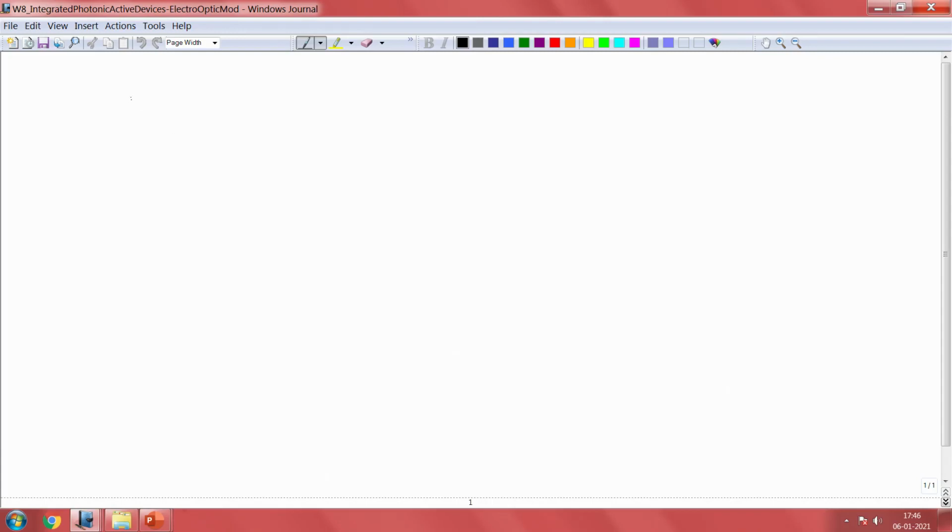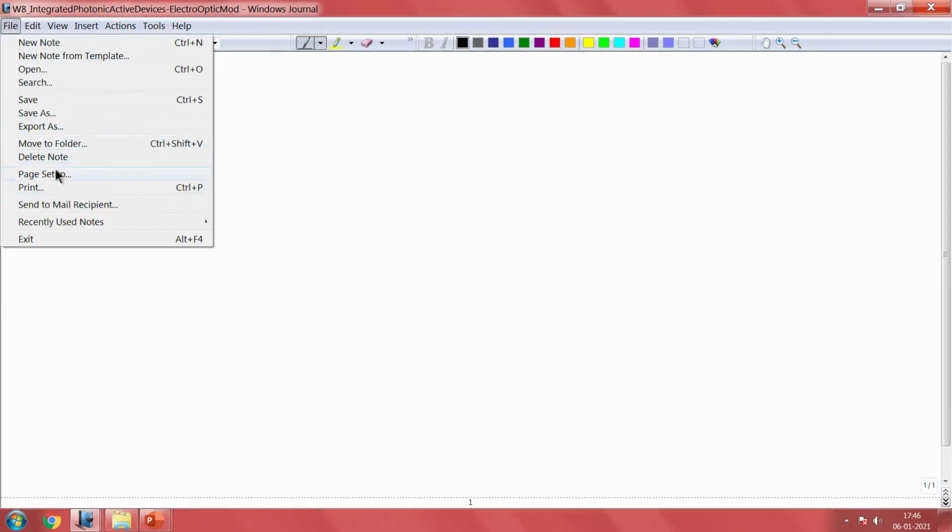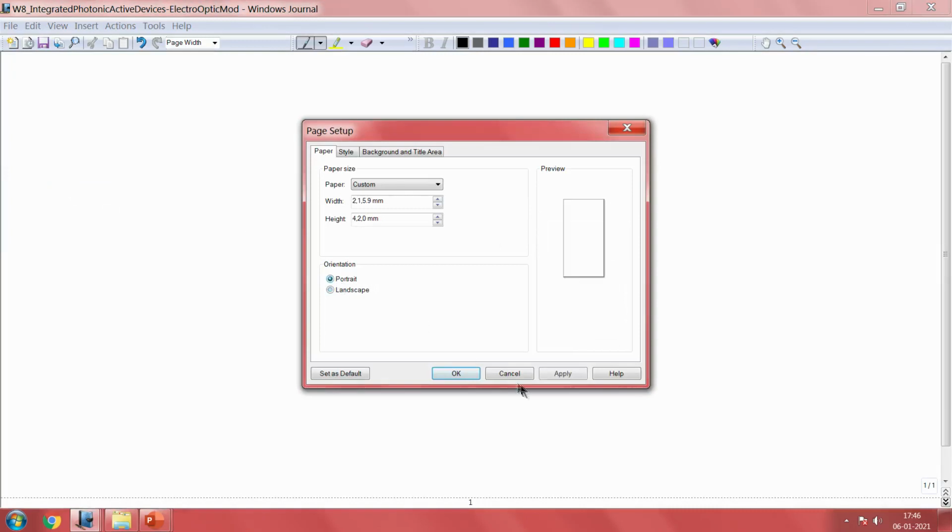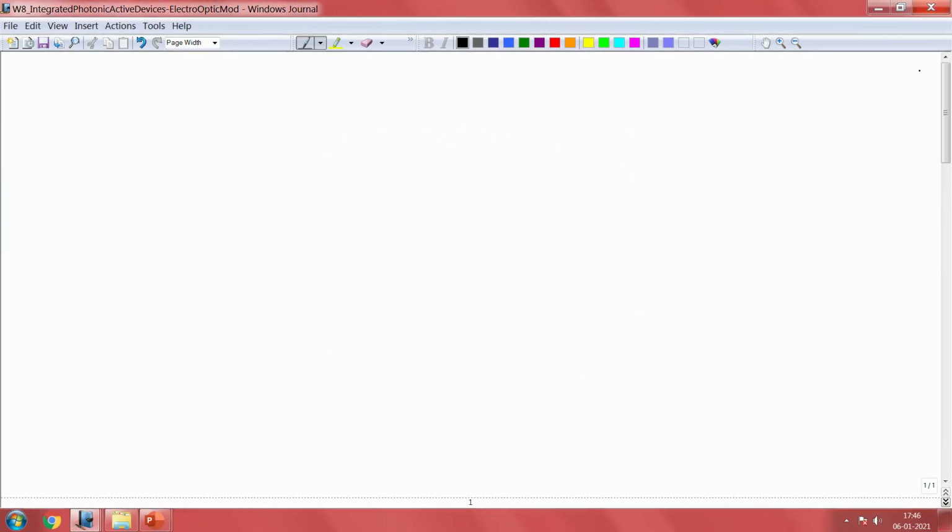So, that is the index ellipsoid with the various factors here, right. So, let us write the factors there.